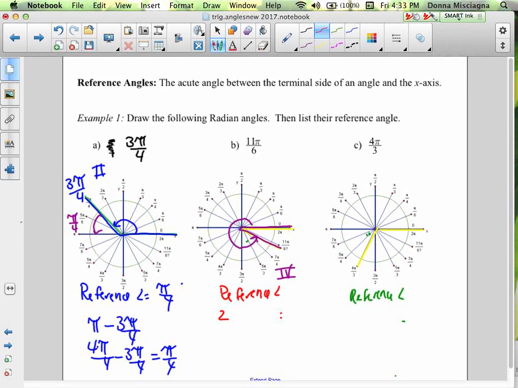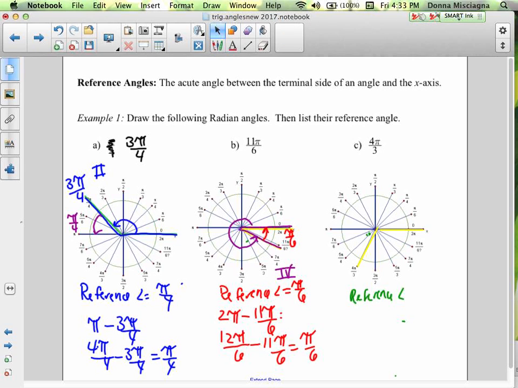So we've got 2 pi minus 11 pi 6. 2 pi is the same as 12 pi 6, minus 11 pi 6 gives us pi 6. So our reference angle here is pi 6. That's this little angle right there. Another friendly angle to work with.